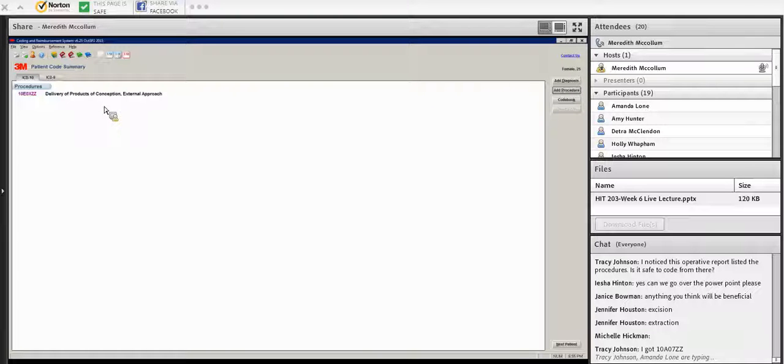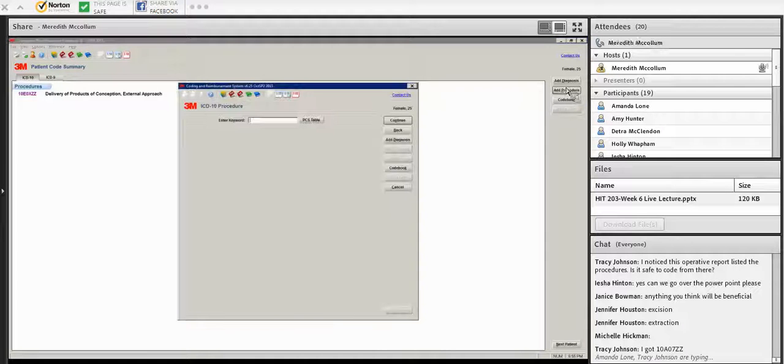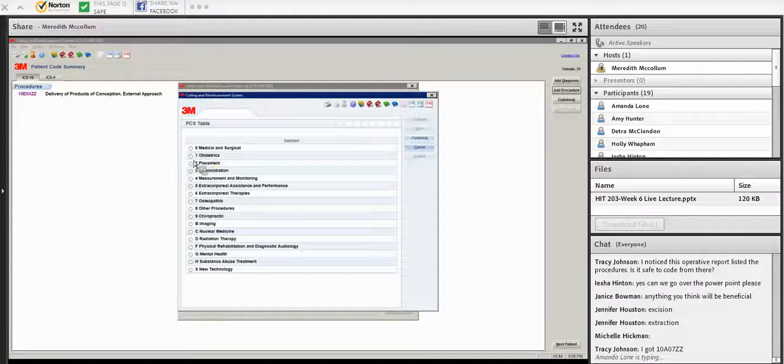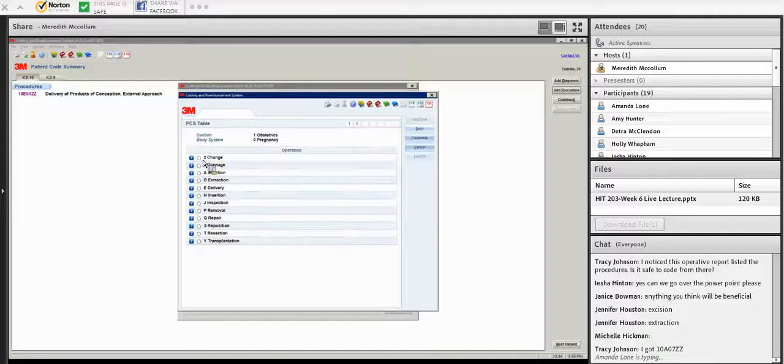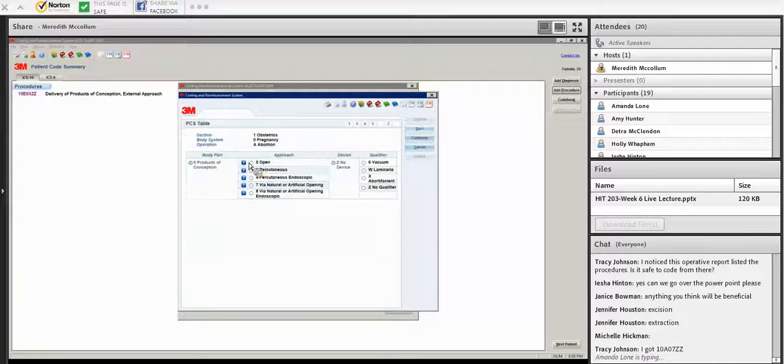Tracy, how did you get the A and the 7 and the ZZ? Let me type that in. 10A07Z. Oh, it's not going to let me. 10A0. It's not open though. They're not opening her up.